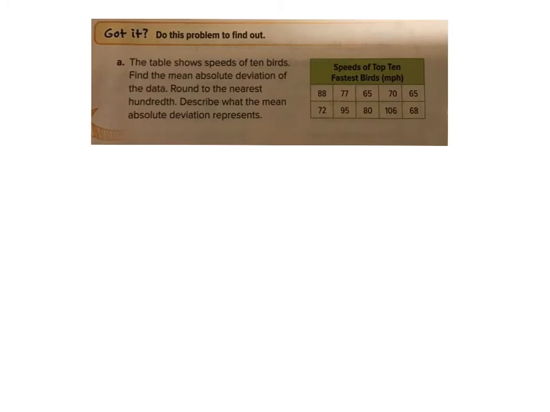Here we are. So we have a table that shows speeds of 10 birds. We need to find the mean absolute deviation of the data. And we're going to round to the nearest hundredth. Okay, so let's first figure out the mean. And the way you do that is you add all of these numbers up.